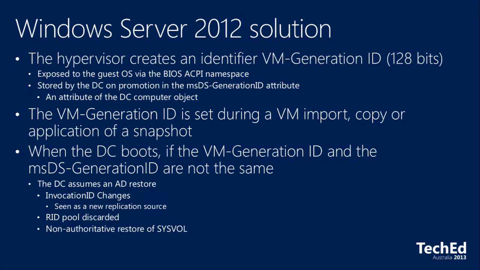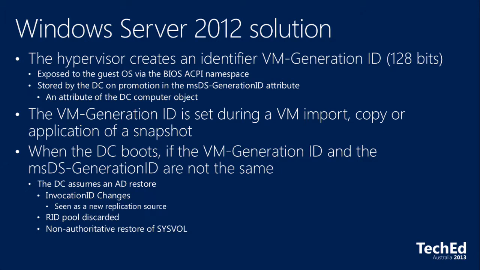The solution is to make sure that the domain controller can understand that it has been rolled back in time, because the Active Directory database was never designed to be rolled back. So there's a new identifier called the VM generation ID. It requires the hypervisor to be aware of this identifier.